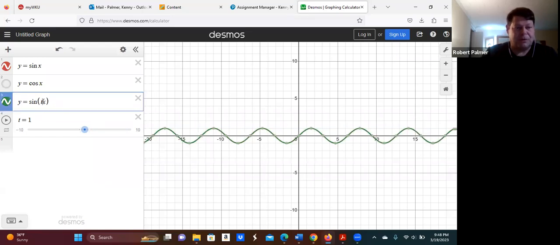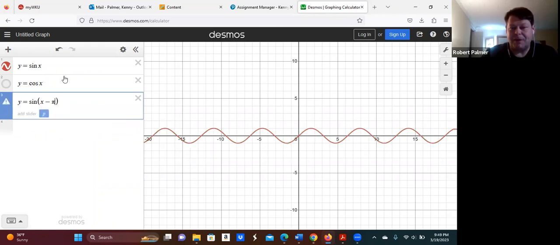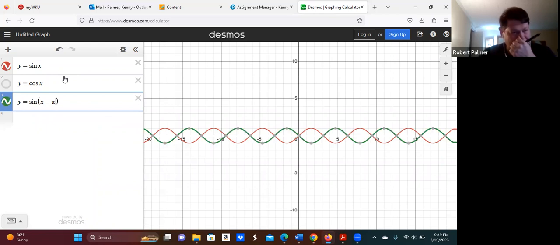So let me change this. Let's get rid of the t here. Now compare this. What if I just shift this by, let's do a minus, let's shift it by pi. Now what's happened is I took the red graph and shifted it. Since it's minus, it shifts it to the right, by pi.